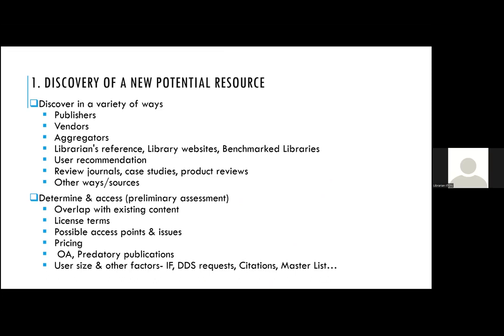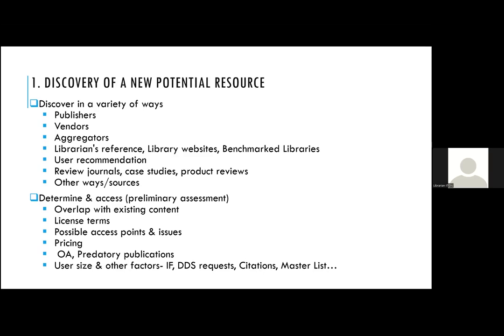We interact with other IIT librarians, and we look at other similar library websites. We have also benchmarked certain libraries within the country and outside, and we look at their websites to see what they are subscribing to. We also look at the recommendations coming from our users.